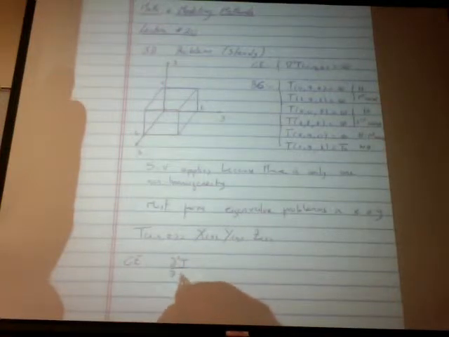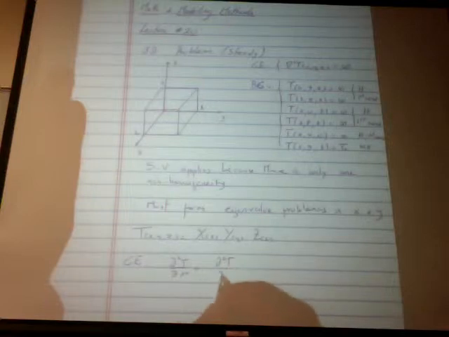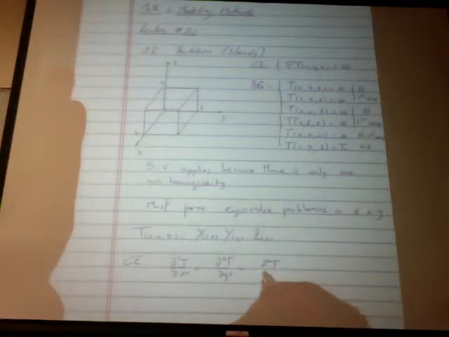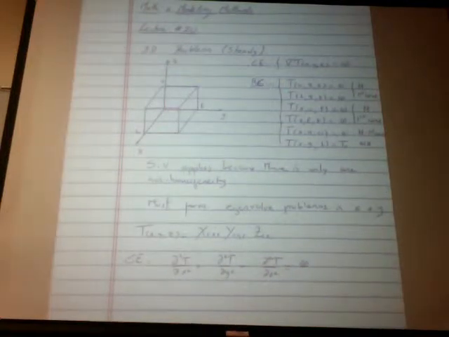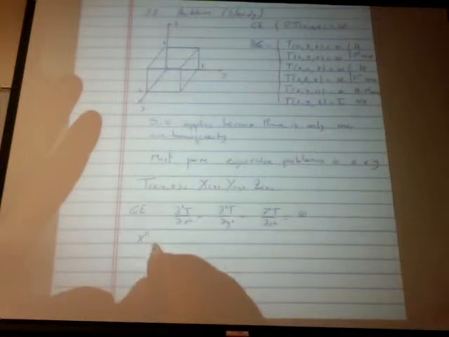And therefore, the governing equation, which is the second derivative of T with respect to x squared plus the second derivative of T with respect to y squared plus the second derivative of T with respect to z squared is equal to 0, will transform into X''(x) Y(y) Z(z) plus X(x) Y''(y) Z(z) plus X(x) Y(y) Z''(z) equals 0.